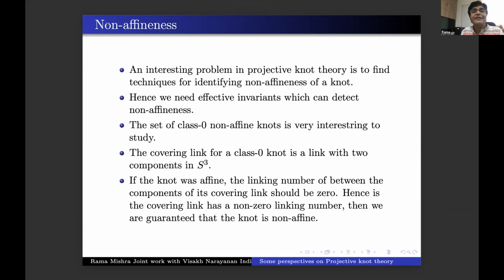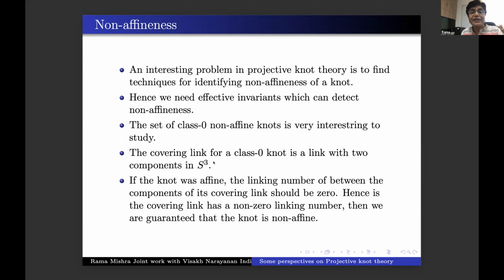So non-affineness is something that we would be focusing on right now. The invariants that I am going to talk about help decide whether a knot is non-affine or affine. So the set of class 0 non-affine knots is the most mysterious class that we would come across.